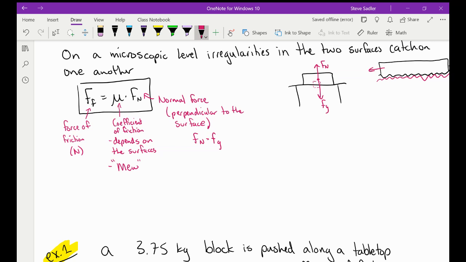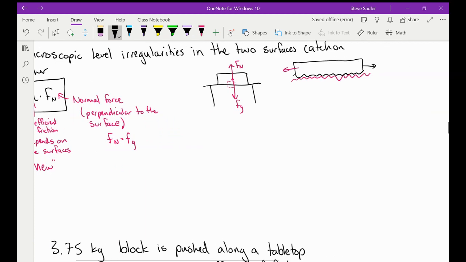So that's your force of friction formula. I want to talk a little bit about static friction and kinetic friction. We aren't going to use that a ton, but you might see those words come up. So static versus kinetic. Basically, static means stationary or not moving, and kinetic is moving or motion.